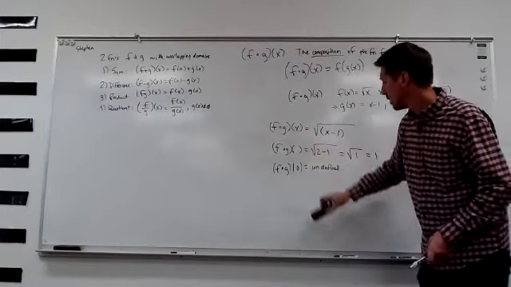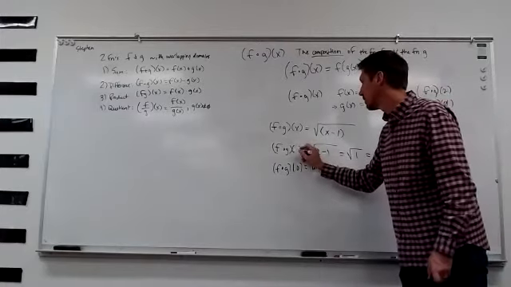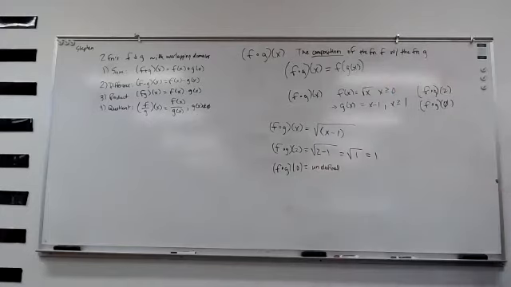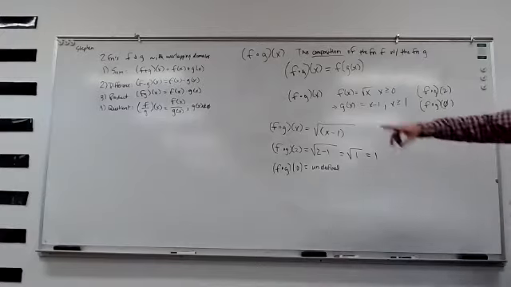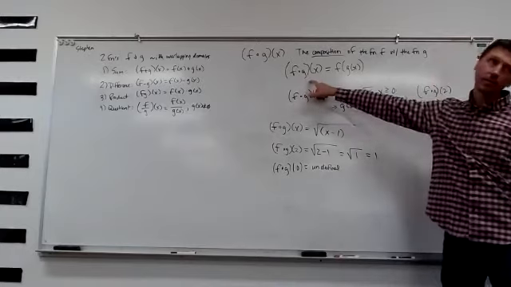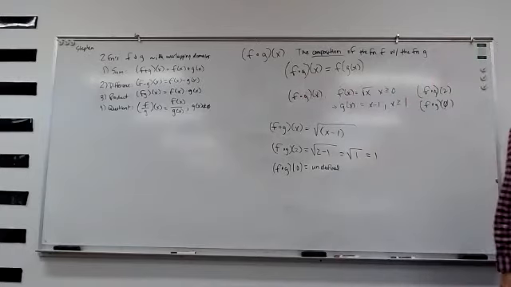Here should be f composition of g of 2. Does that make sense? Just take one function and plug it into the other function. Whatever the second function is, the second letter here, you take that one and plug it into it.